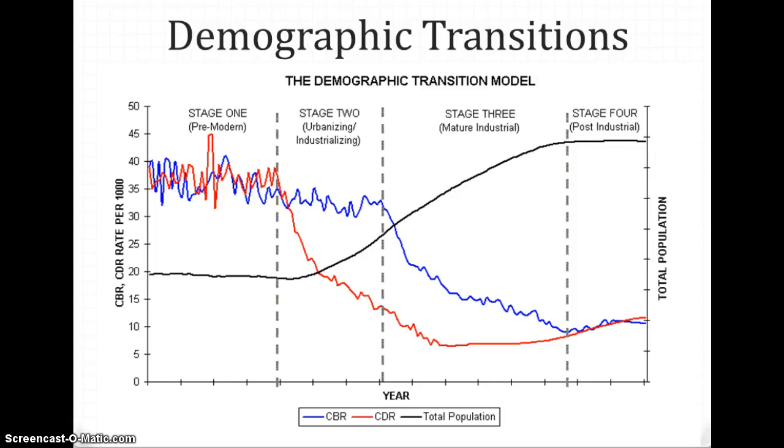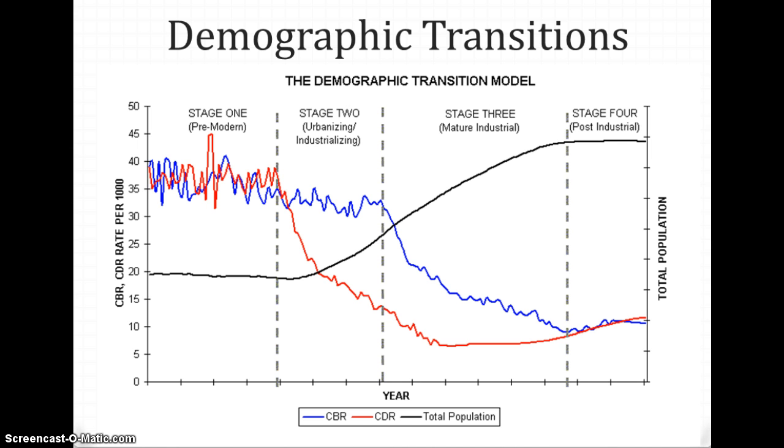This graphic right here shows you a transition model for just any old country that you can think of. Most of the countries in the world are at various stages along this graph. You start out with stage 1, which is pre-modern, stage 2, urbanizing and industrializing, stage 3, mature industrial, and then stage 4, post-industrial. And we will talk about what all of these things mean.